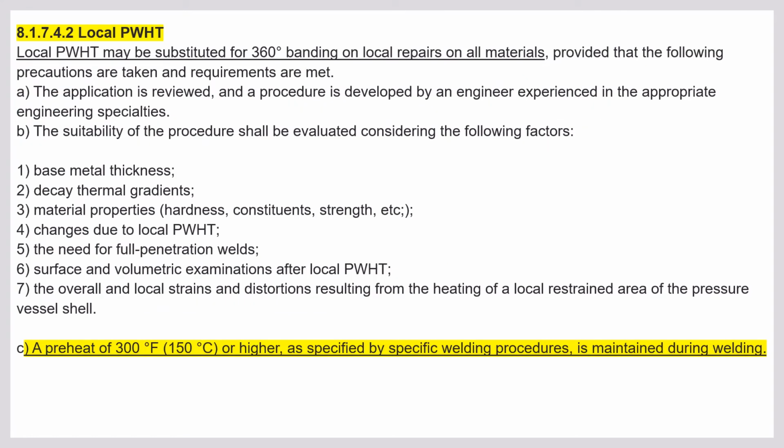Local PWHT. What do you mean by local PWHT? Instead of putting the total piece in a furnace to do the PWHT, we can do local PWHT if there is any local welding or local deformation. So he is telling that local PWHT can be substituted for 360-degree banding on local areas of materials provided the following precautions are taken. 360-degree means all around.